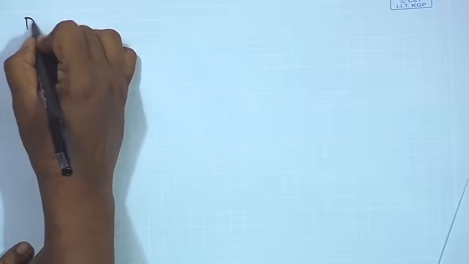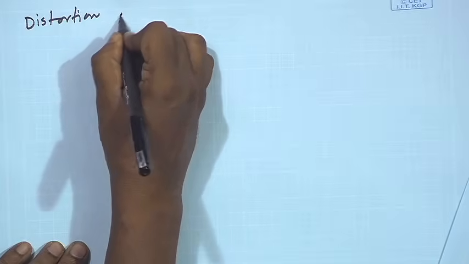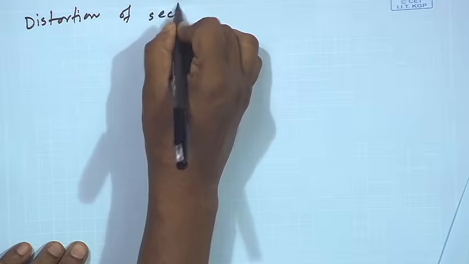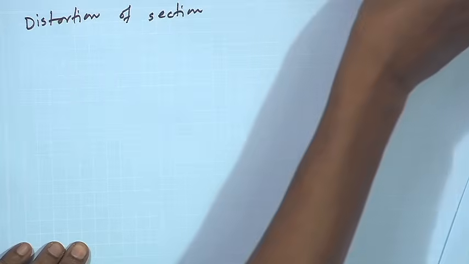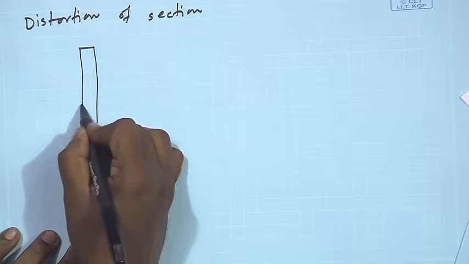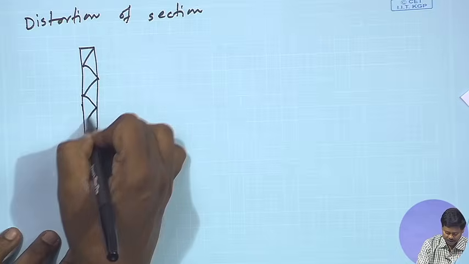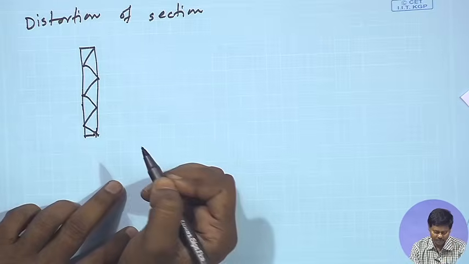Then another way of failure is the distortion of the section. The section may distort. Say for example, this is a built up section where lacing has been provided.